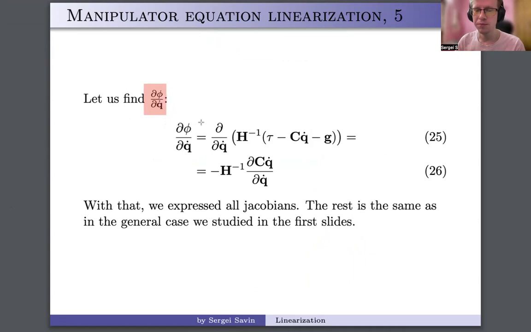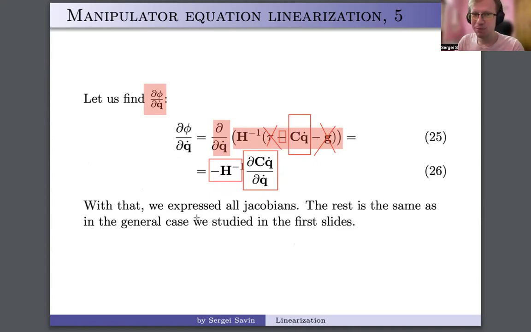All right, now the last step happens to be easier. dphi/dq dot. Well, it is d/dq dot of the same expression. But now notice that this guy does not depend on q dot. It's not going to be cancelled, but we don't have to take a derivative of it. This guy does not depend on q dot either. So we're actually only taking the derivative of this guy. So it is dC(q dot)/dq dot times this guy, minus sign from here.